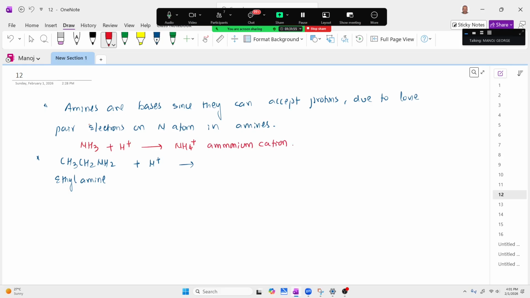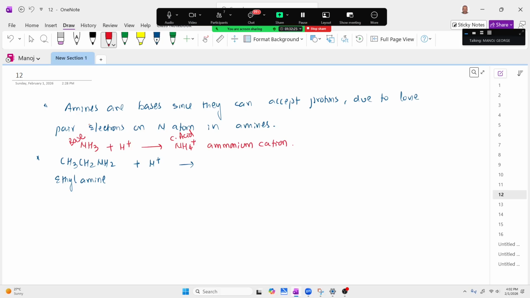And I'm sure you remember conjugate acid-base pairs. So this is the base, and this is the conjugate acid. Do you remember? Because ammonium is a proton donor now. Ammonia, after accepting a proton, has become ammonium. Ammonium is the conjugate acid of ammonia. Is everyone clear? Okay, good.